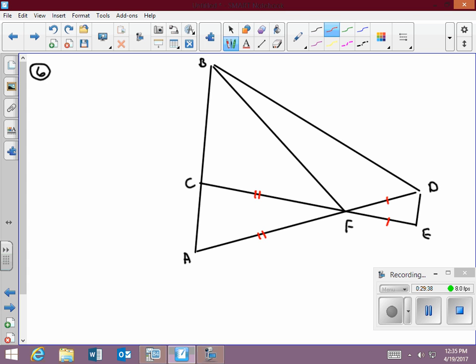In addition to the congruent segments indicated, it says AB is congruent to FB. So that's given.